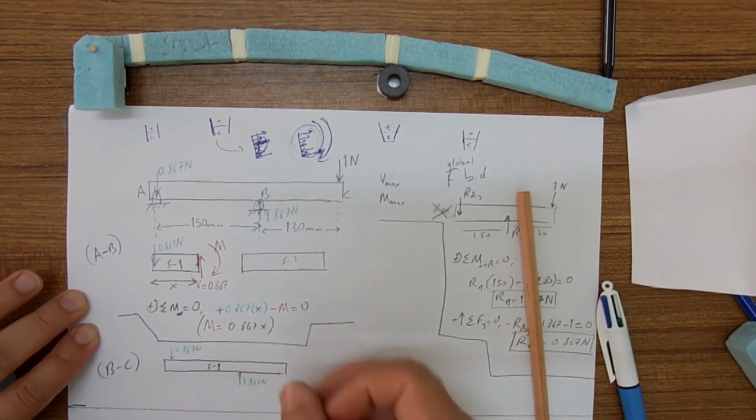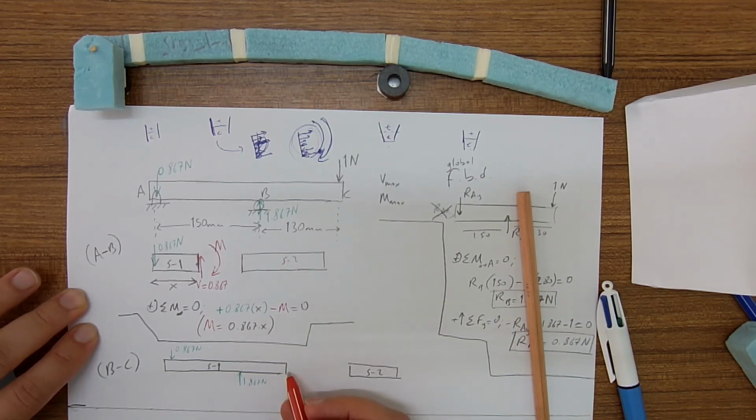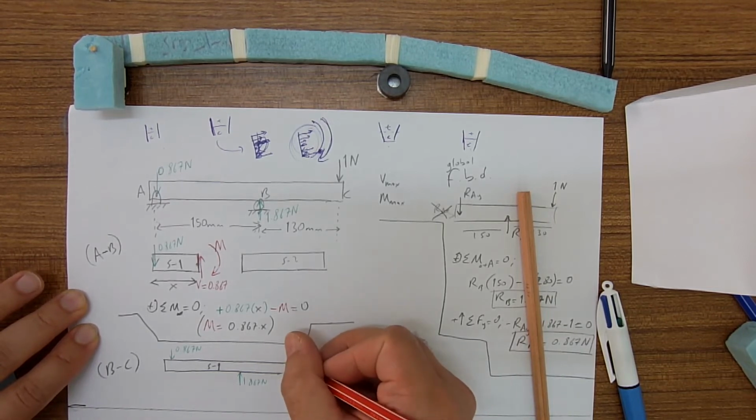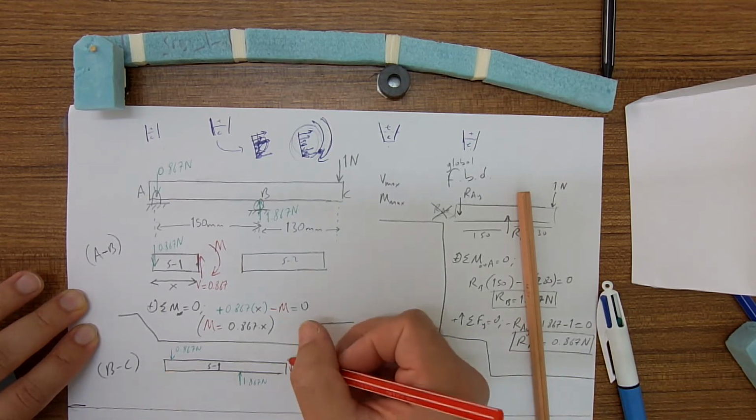No other external force. There will be internal shear force, and the direction, you guess, it should be downward, and we don't need to write equilibrium equations. We can simply see if this is 1.867, 0.867 here, then this has to be 1 Newton.